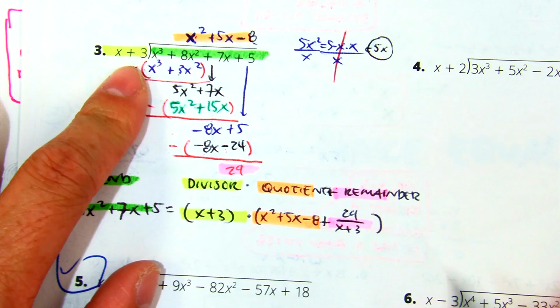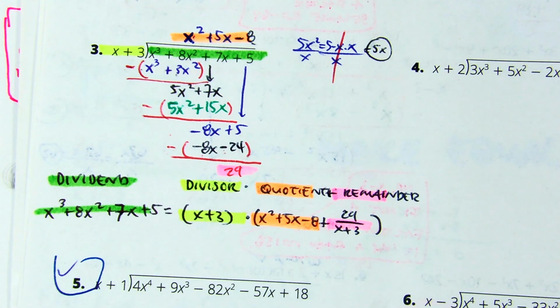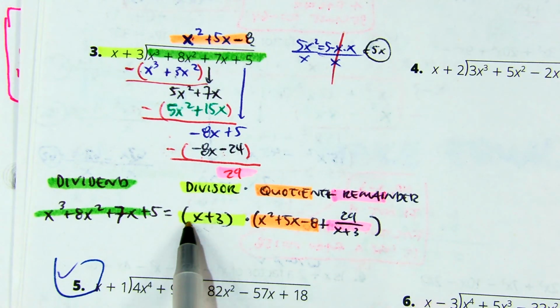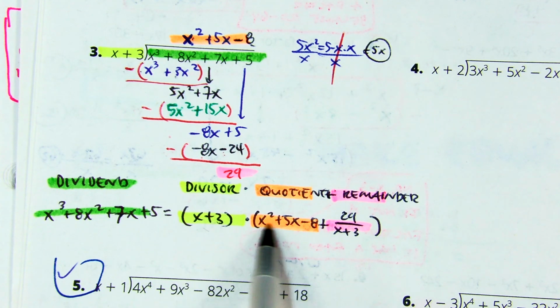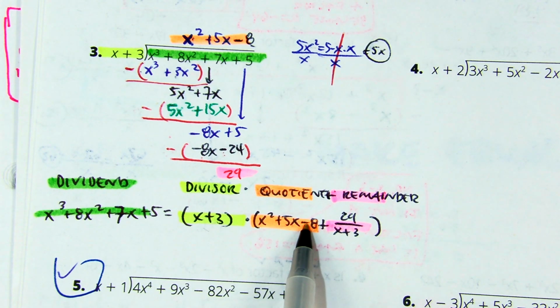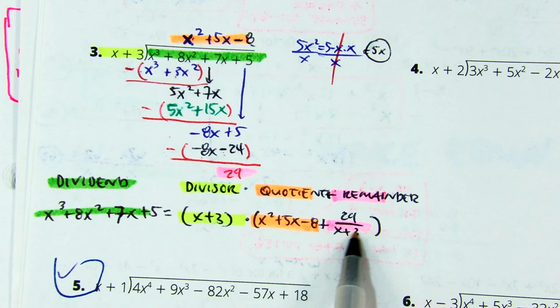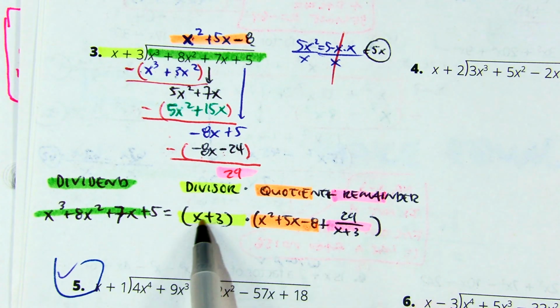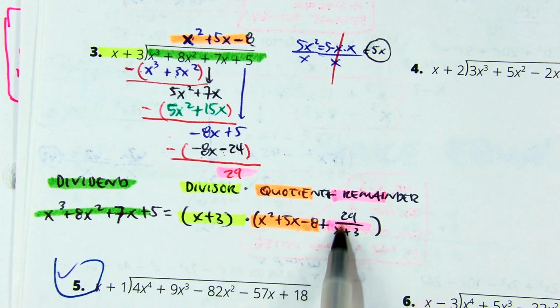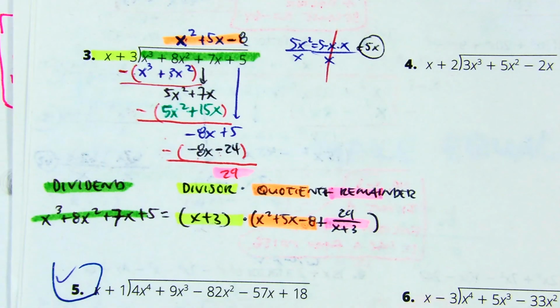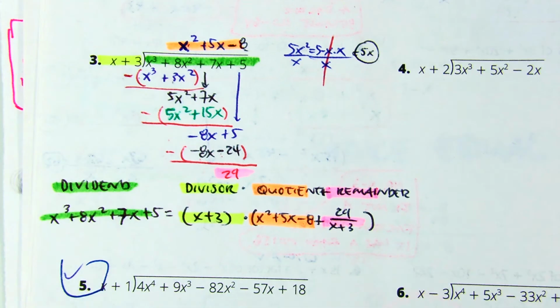Okay, why do you do that? If you actually multiply x plus 3 times the orange, you will get the green. But the pink, you still need to get that plus part, so x plus 3 times this, the x plus 3's will cancel out and you're just left with 29. Okay? So this is what you need to do for question number 3.